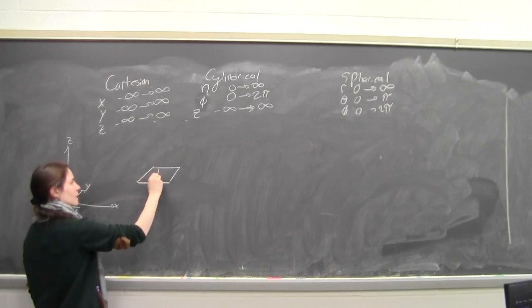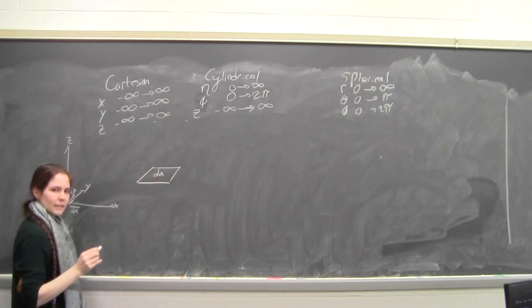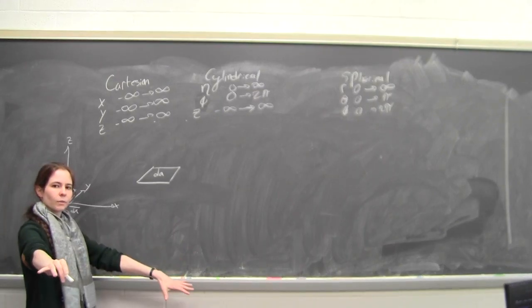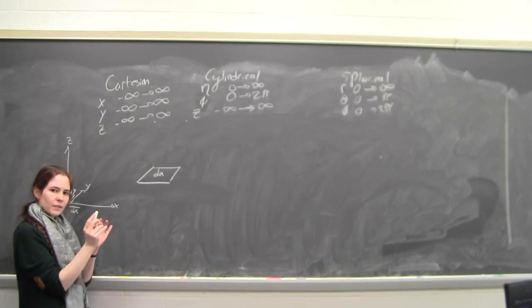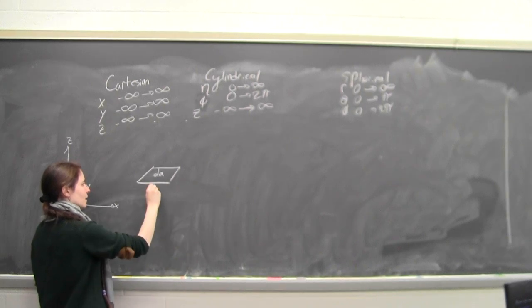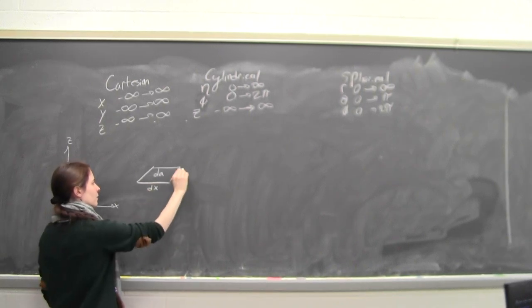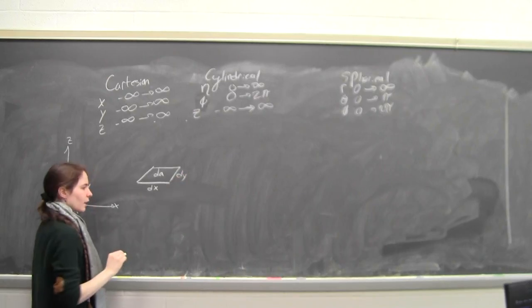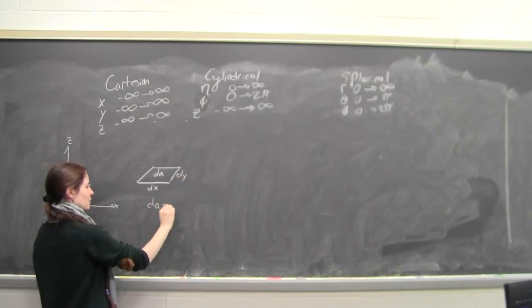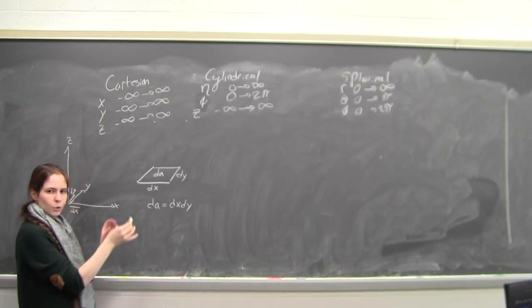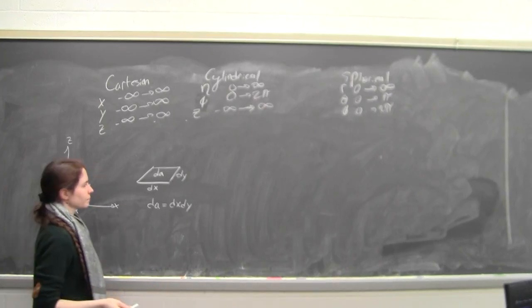Let's say that this is a little bit of area, dA. Say we have a big plane and we want to break it up into little bits. This has a little width, dx, and a little bit of depth, dy. And so the magnitude of the little bit of area is just dx dy, because we're just going to think of this as a tiny square.